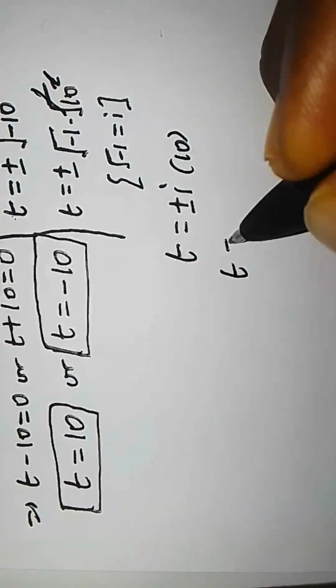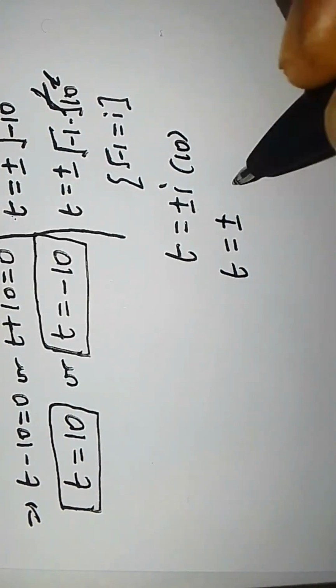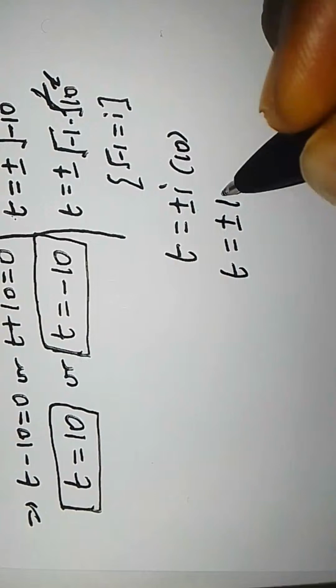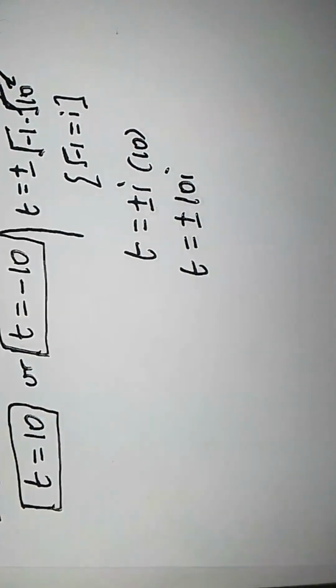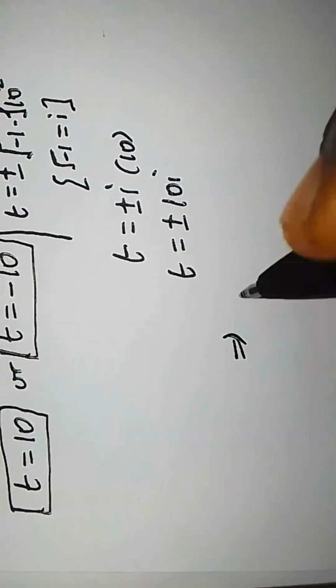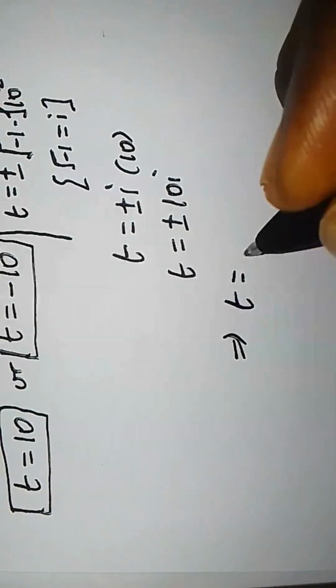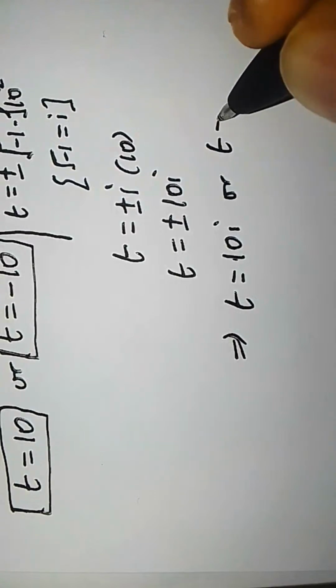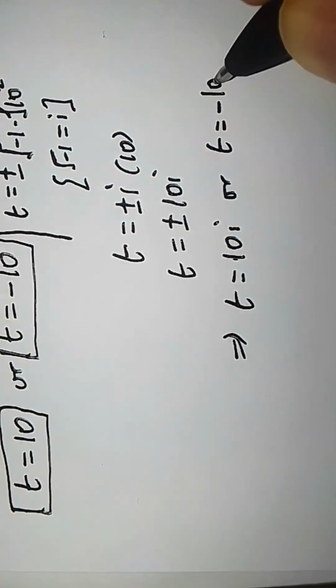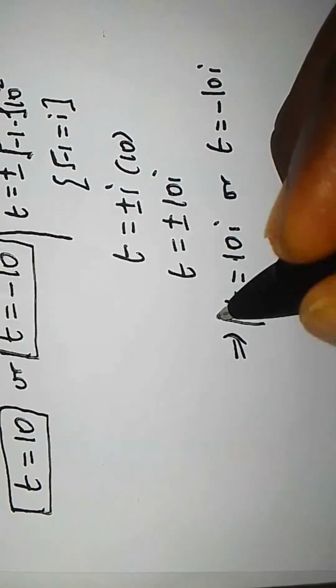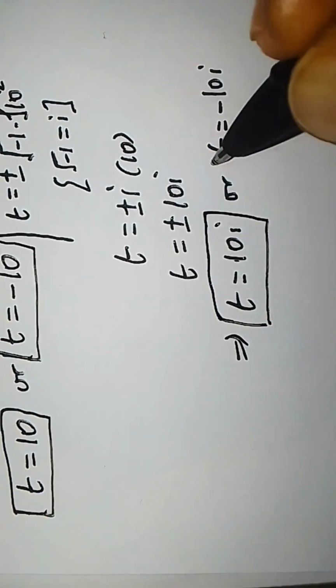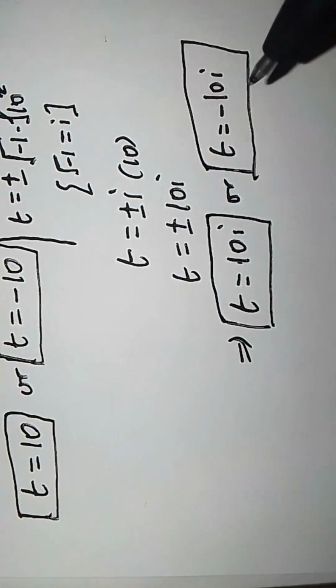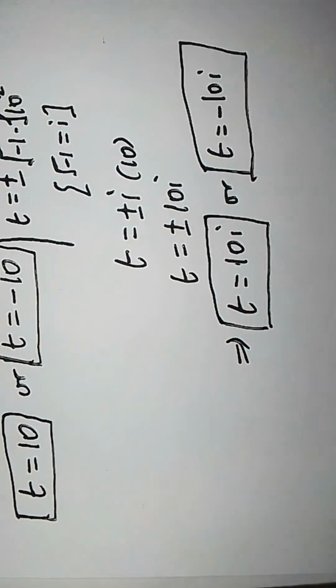So t is equal to plus or minus i times 10. This implies that t is either equal to 10i or t is equal to minus 10i. These are the complex solutions. t is equal to 10i or t equals to negative 10i.